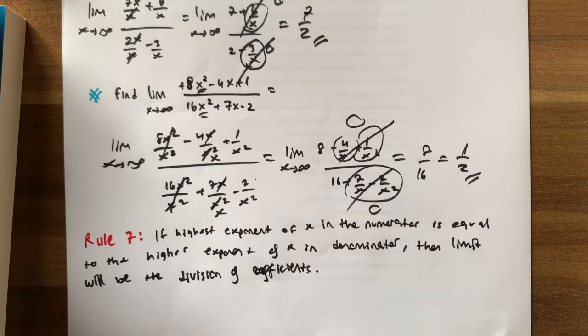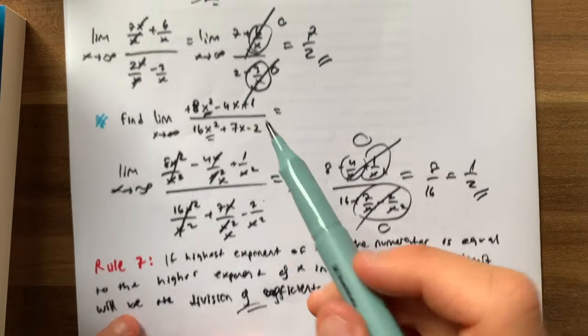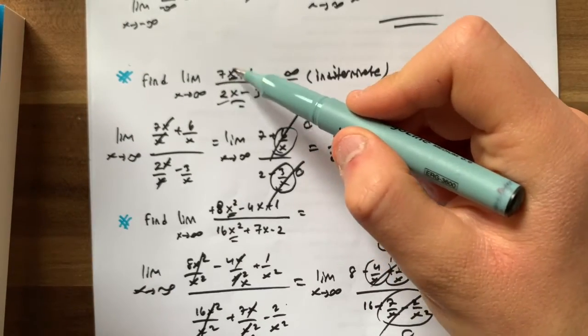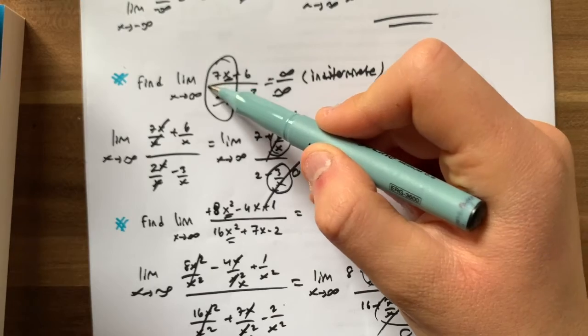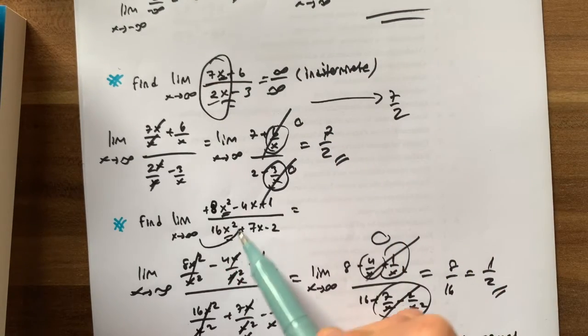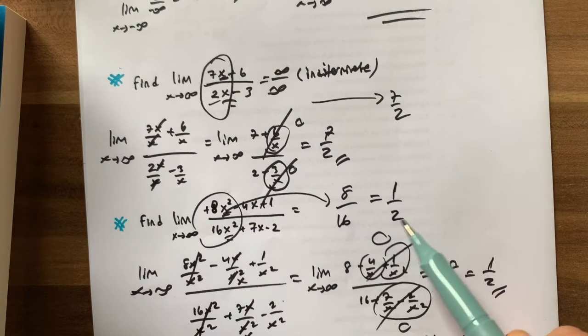So we just made a rule about it, and it says if the highest exponent of the numerator is equal to the highest exponent of x in the denominator, then the limit will be the division of the coefficients. So we don't have to do all these calculations. Instead, we can just take the highest exponent here and here. We can divide the coefficients as 7 over 2, as 8 over 16, 1 over 2.